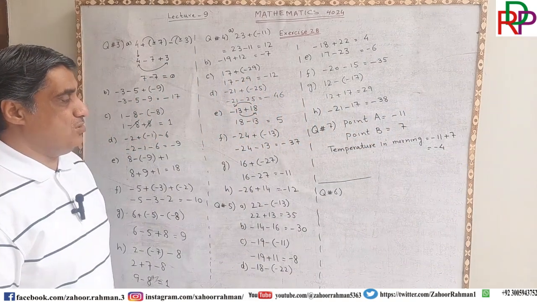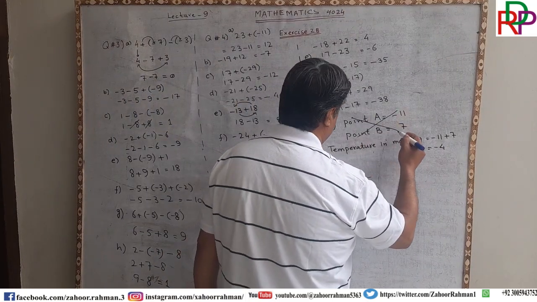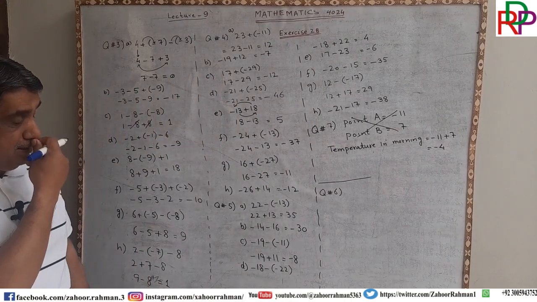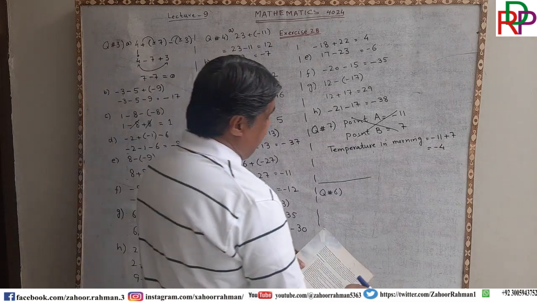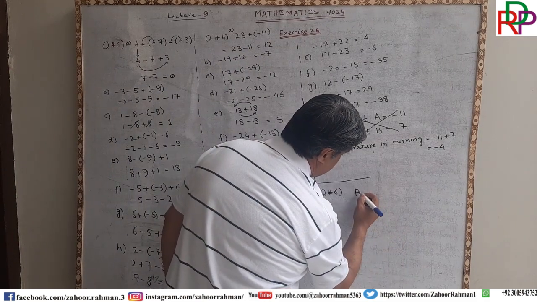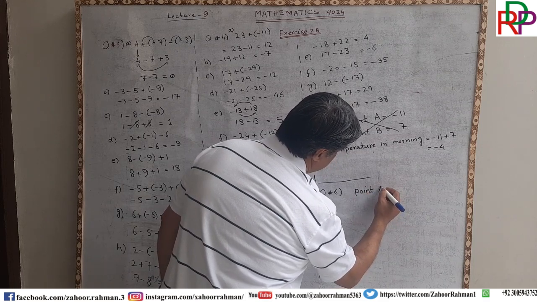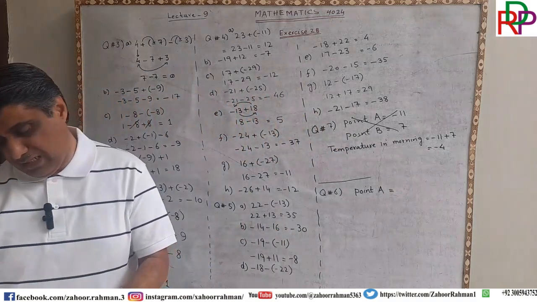That was the whole story. If you are not considering these A part and B part, it doesn't matter, because it is part of question number 7. Now, this is question number 6. Now point A is showing us what?